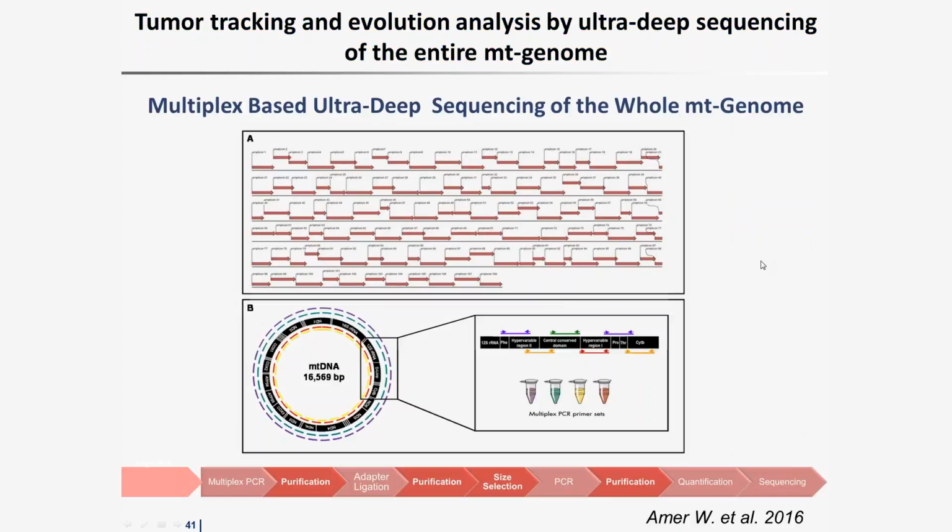And therefore, we established a workflow here. First, we established a multiplex PCR approach, and in agreement with the overlapping QIAGEN primer design, we designed our primers and included 108 primers and analyzed with these primers, which also generate overlapping amplicons, the whole mitochondrial genome.